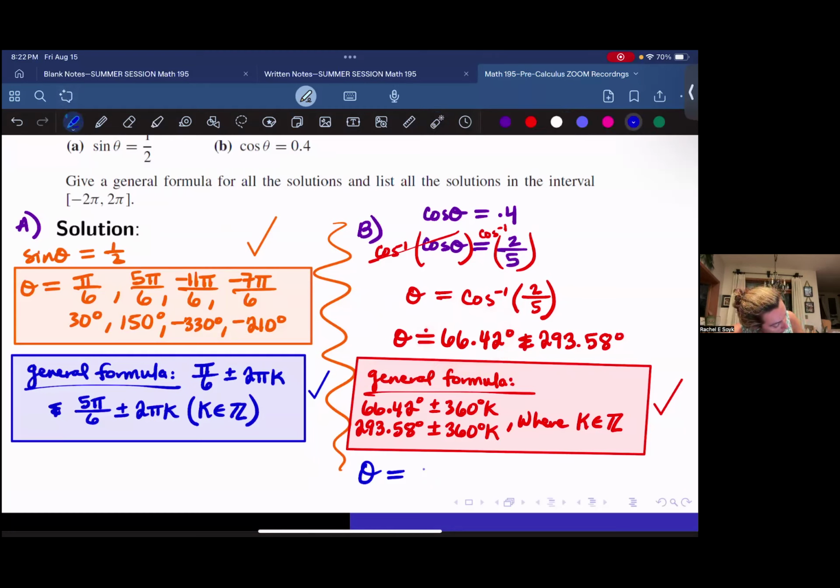So I'm putting it in increasing order: negative 293.58, negative 66.42, 66.42, and then 293.58 degrees. And that is it.